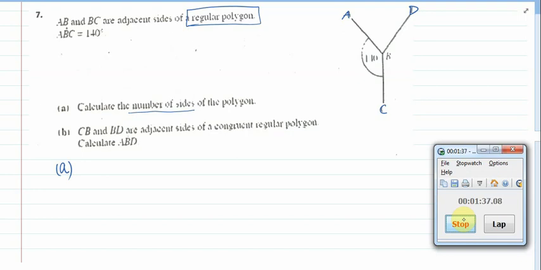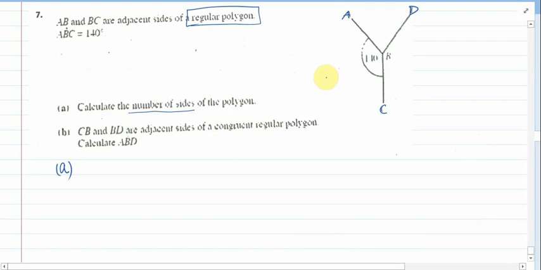Alright, done. So first thing, we have the interior angle 140, right? So I'm going to apply the working formula. Interior plus exterior is equal to 180. Interior is 140 plus exterior, what I'm looking for, is equal to 180.